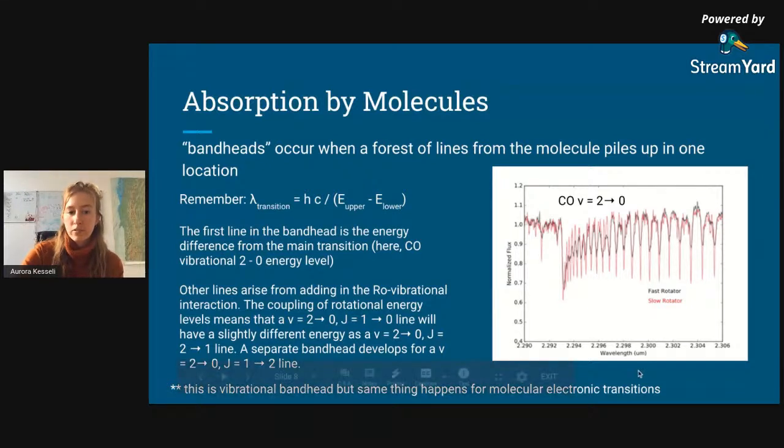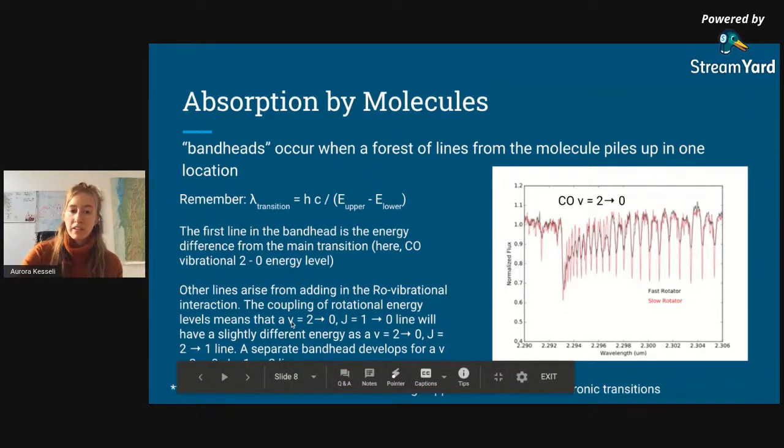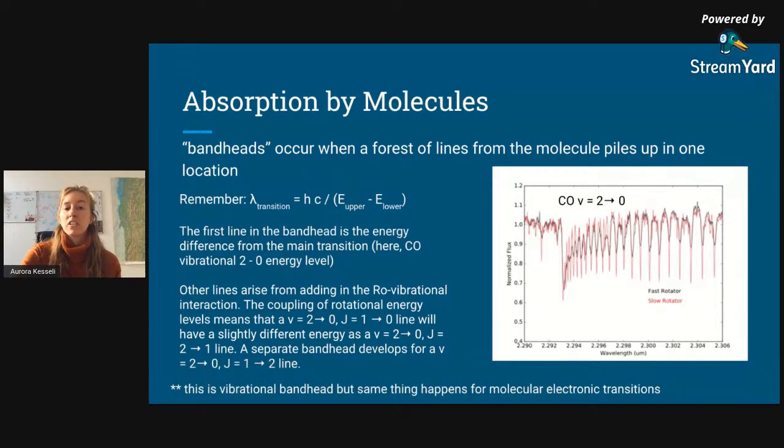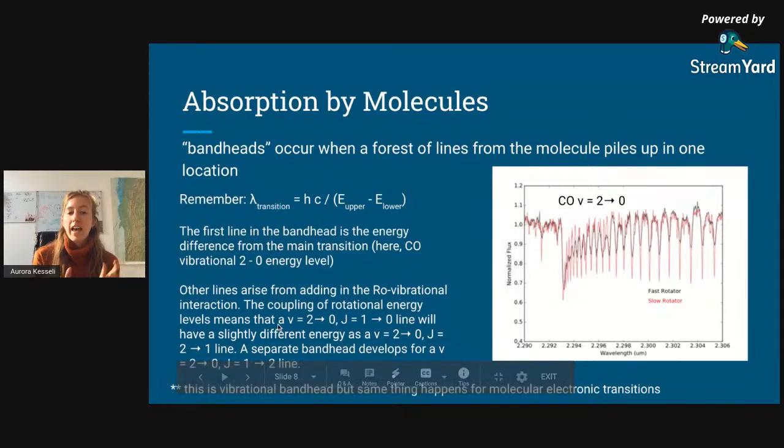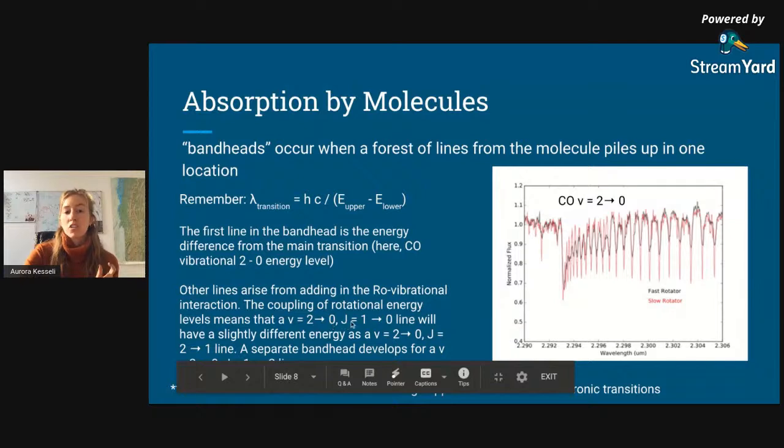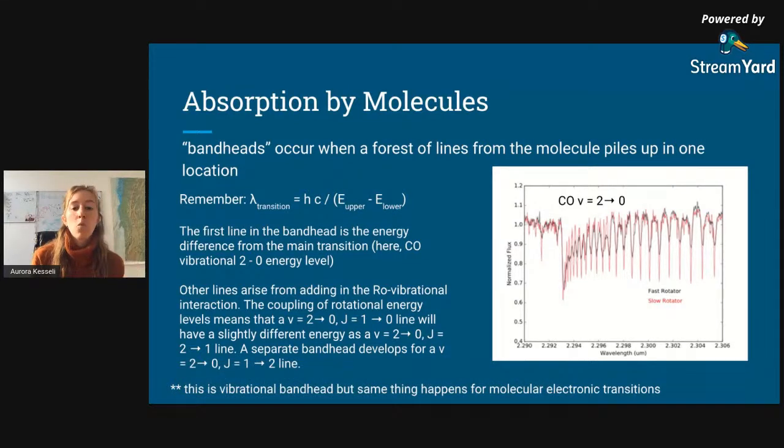For vibrational energy levels, I'm using V here, and for the rotational energy levels, I'm using J. So you're going to get a slightly different energy change if you go from the vibrational 2 to 0 and also change the rotational from 1 to 0, and then a slightly different one if you go from the rotational 2 to 1. So even though you're getting the same change of 1 in the rotational level, you're getting a slightly different energy. And so this coupling of the rotation and the vibration is what causes all of these lines.